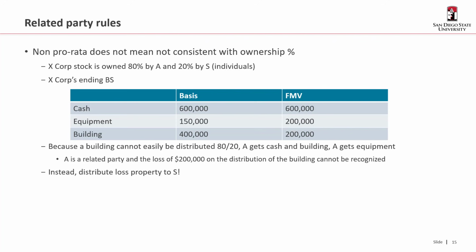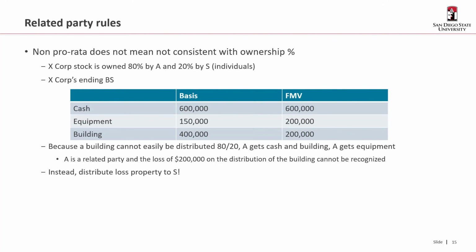So what they want to do is distribute the equipment and building to one of the shareholders. Maybe he wants to continue to operate those things, and the other one gets cash, right? So the problem is a building cannot be distributed 80-20. Well, I mean, it could, but that's pretty inconvenient. That now one shareholder gets 20% of the building, the other shareholder gets 80% of the building.